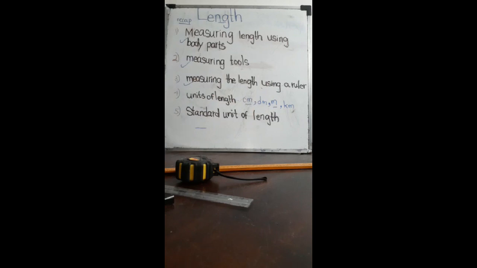Right. Now let's move to the fifth one. Standard unit of length. Now we have learned so many units of length. There is one particular unit that we call the standard unit, and we can also call it the SI unit. What is that?